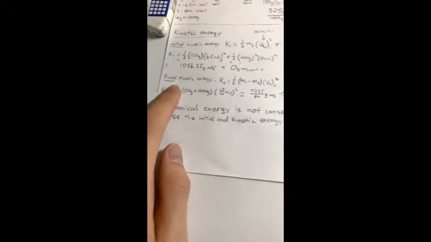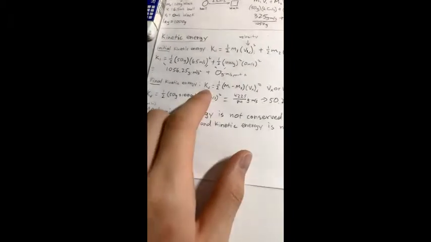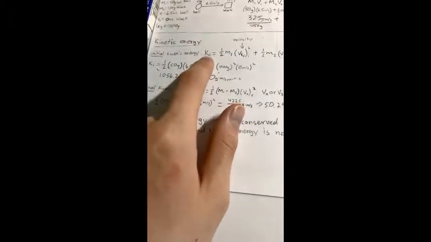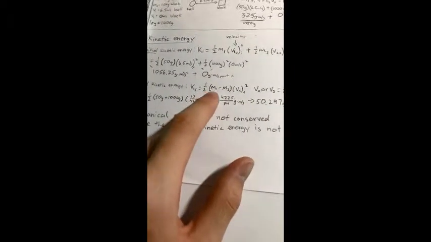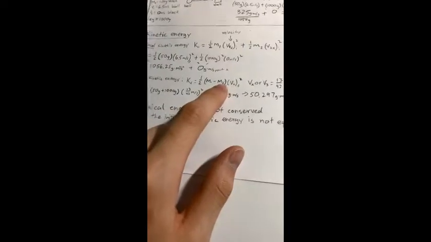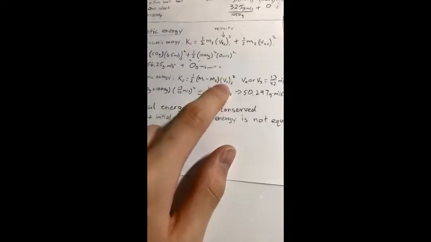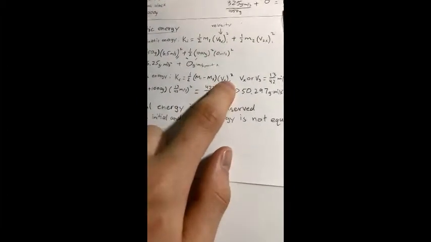For the final kinetic energy, we need to use a different equation. This one is for initial, and this is for final. For final, we take 1/2 of the first object plus the second object and multiply that by the velocity squared, which is the final velocity.